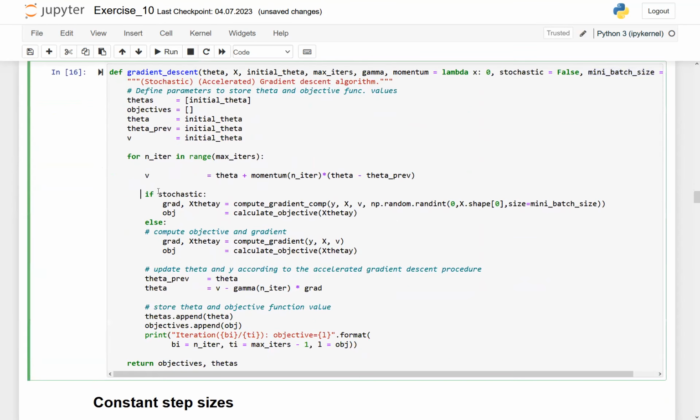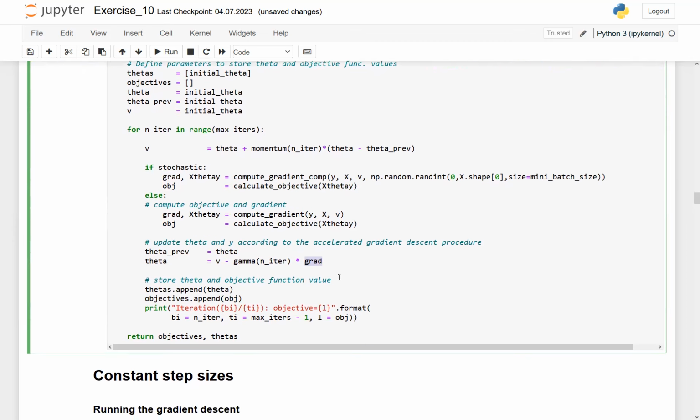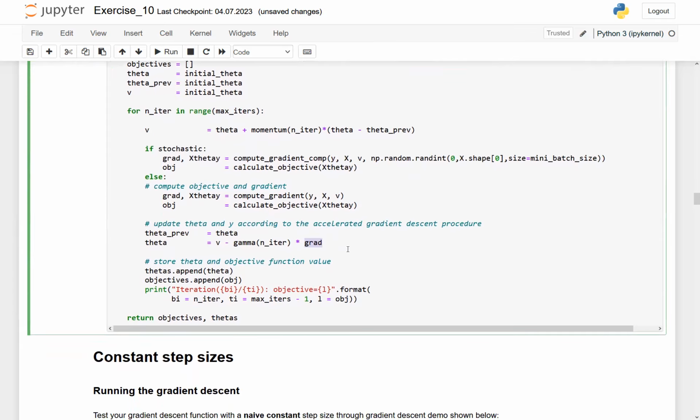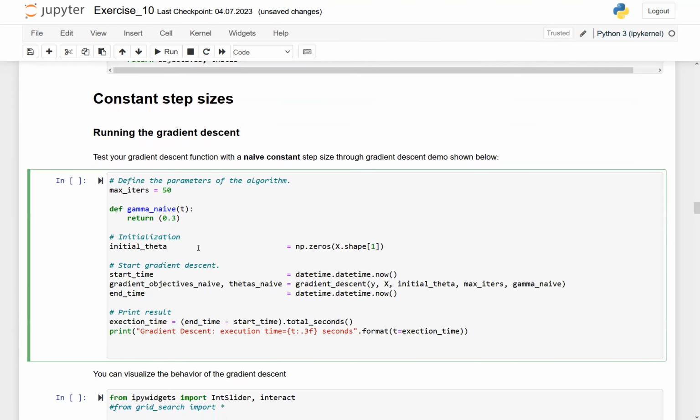And the big difference is that if the stochastic Boolean is true, we use the stochastic gradient computation where we sample uniformly at random integers, mini batch size many, and then use these as the gradients for our gradient update in the accelerated or in the ordinary method.